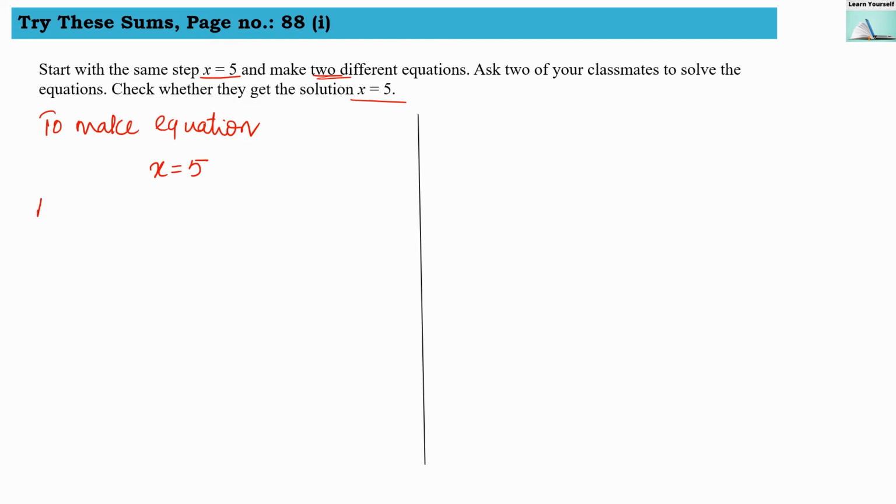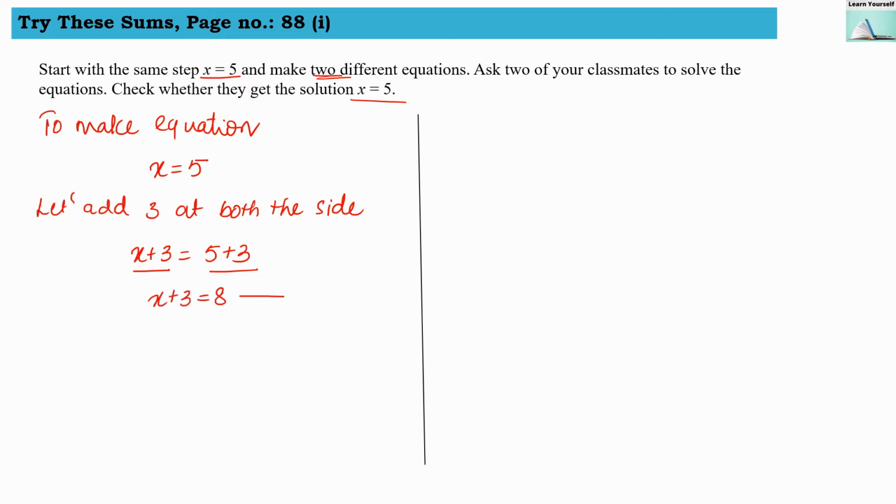First let us add 3 at both sides. So x plus 3 equals 5 plus 3. This is the LHS and this is the RHS. At both sides I have added 3, so I will get x plus 3 equals 5 plus 3, which is 8. So this is going to be my first equation.